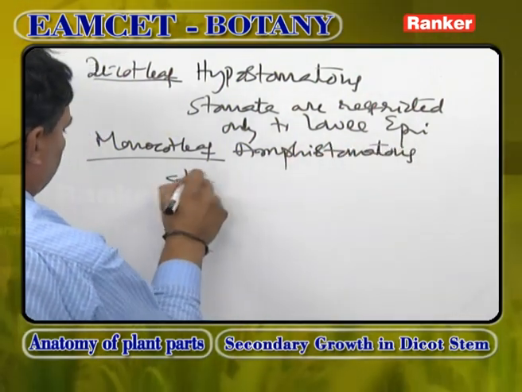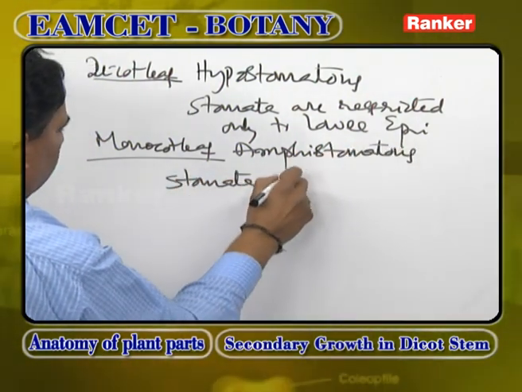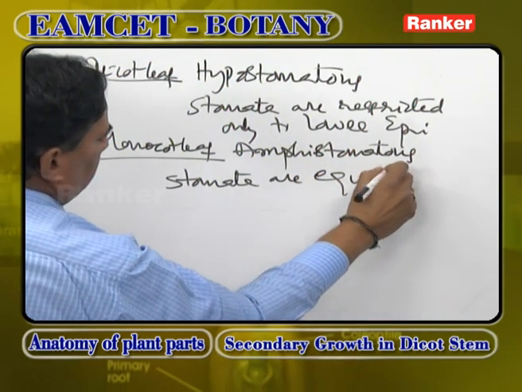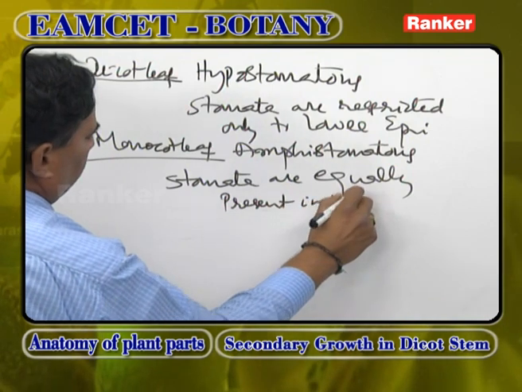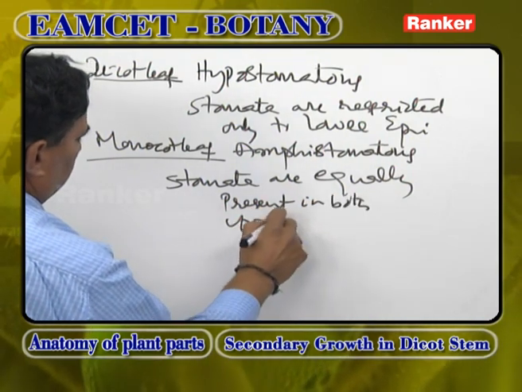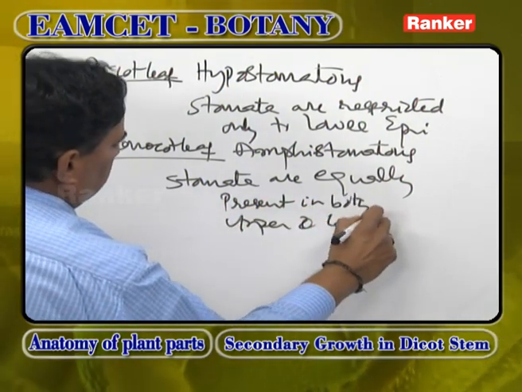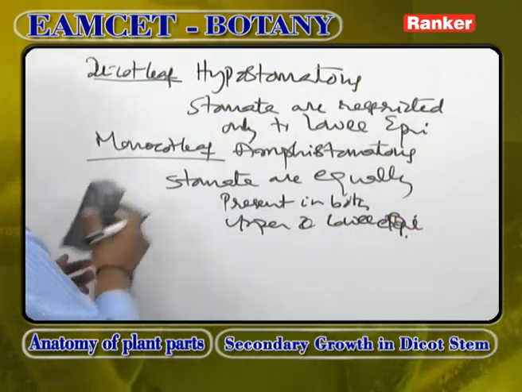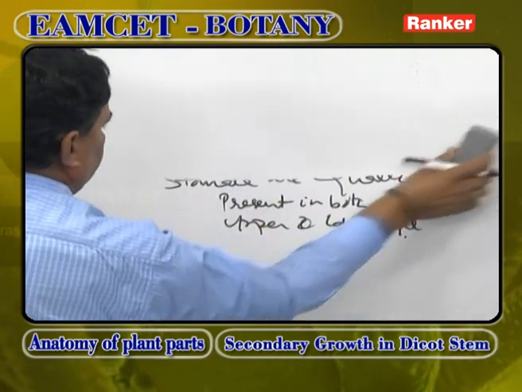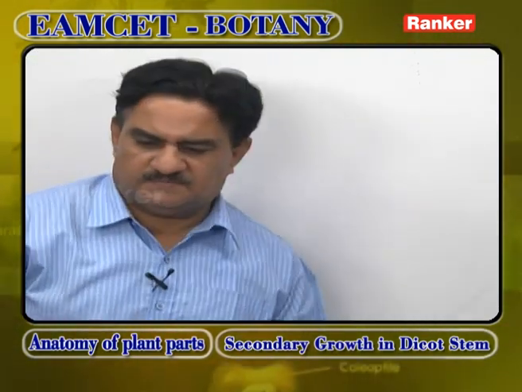That means stomata are equally present in both upper and lower epidermis. So the hypostomatous condition is found in dicot leaf. The amphistomatous condition is found in monocot leaf.